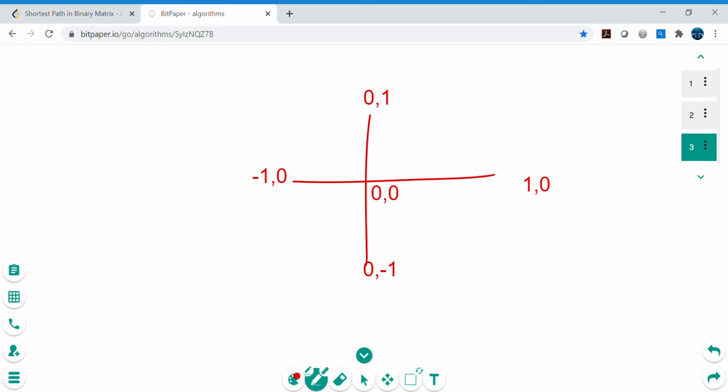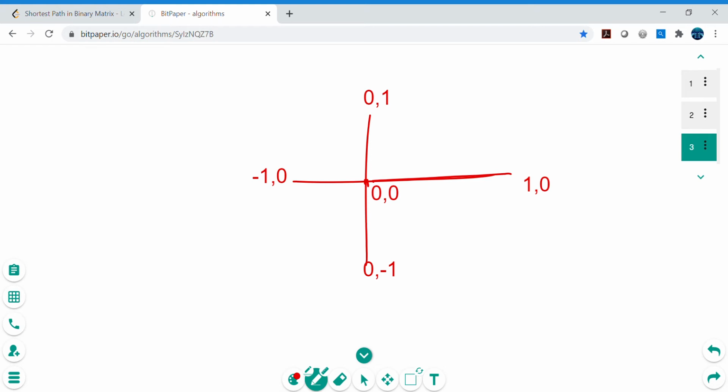On the x-axis it is 1, so that's why I'm saying 1, and the y-axis is 0. So I'm here, and if I move 1 unit of distance, then it will be 1 comma 0. If I am at 0, 0, and I move 1 unit on the y-axis, then it will be 0 comma 1. Similarly, if I move on the x-axis in the opposite direction, it will be -1. Similarly, if I move the y downward, then it will be -1 at the y coordinate. That's how we see which direction we are moving.